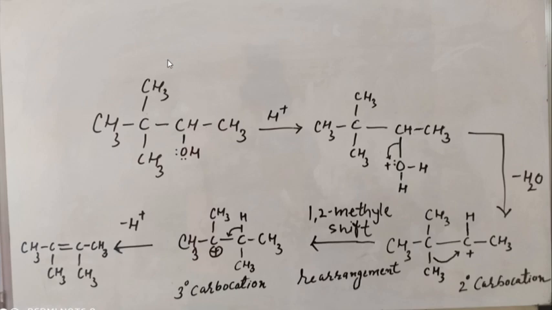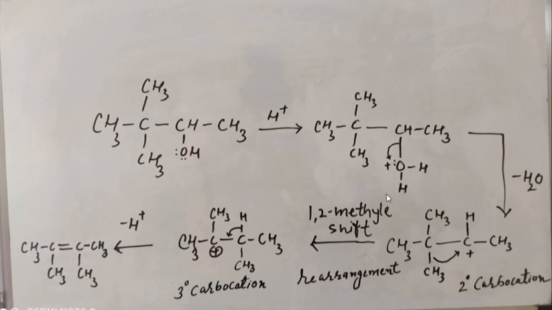Our alcohol, when it is reacted with concentrated sulfuric acid, a strong acid, gives H plus ion. The oxygen of the hydroxyl group has two unshared pairs of electrons, so it is attracted toward the hydrogen and forms OH2 plus, the oxonium ion.